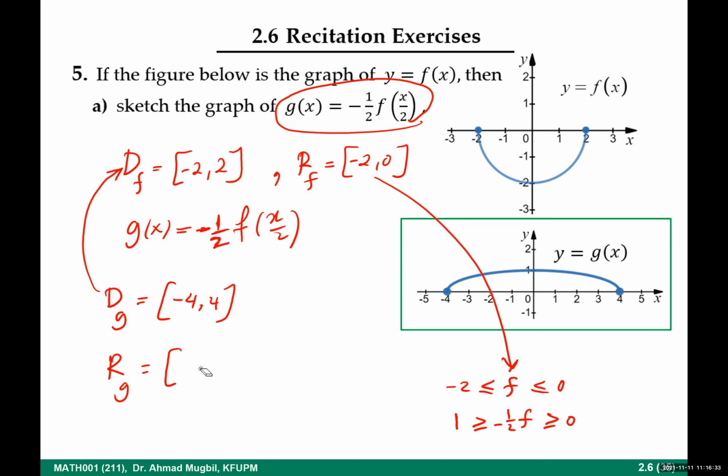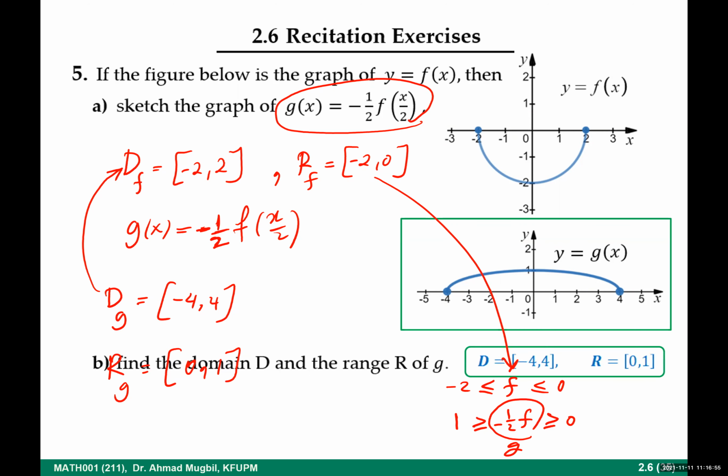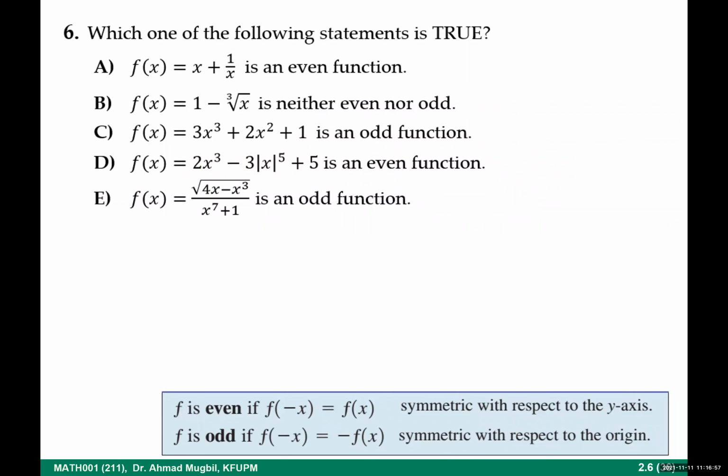Of course, you cannot write it like this, because some of you may do it like this, 1 and 0, but this is not the right way to write intervals. Intervals cannot be written with the bigger number at the beginning. So it is 0 and 1. What we have here is g between 0 and 1. But of course, the best way to find the range is still the graph, if it is easy.